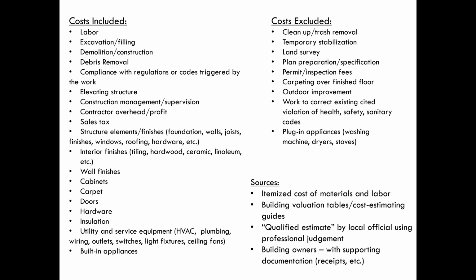So this is the full list. We don't have to go through all of this, but you can find it in the Substantial Improvement and Substantial Damage Desk Reference guide that I showed you, so that if you're ever unsure, you can go in there and look at it. But labor, excavation, demolition, debris removal, and the cost of elevating the structure.